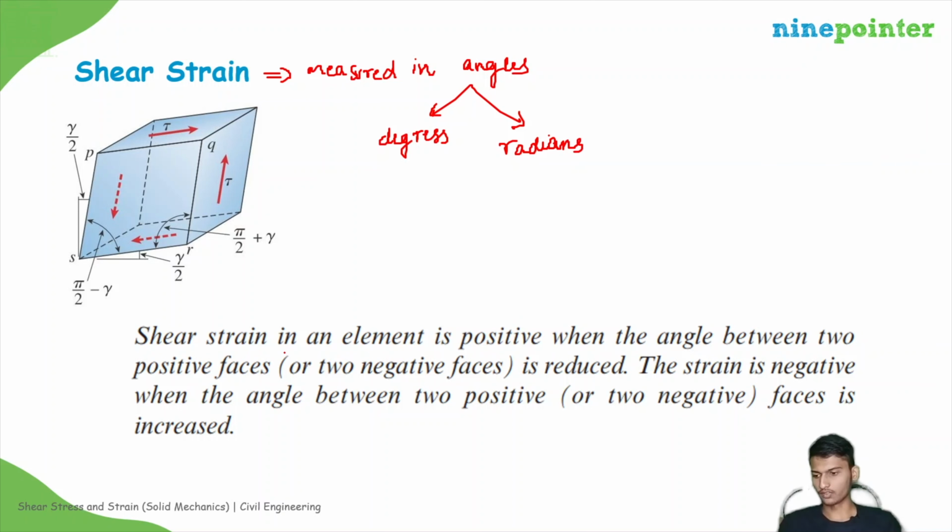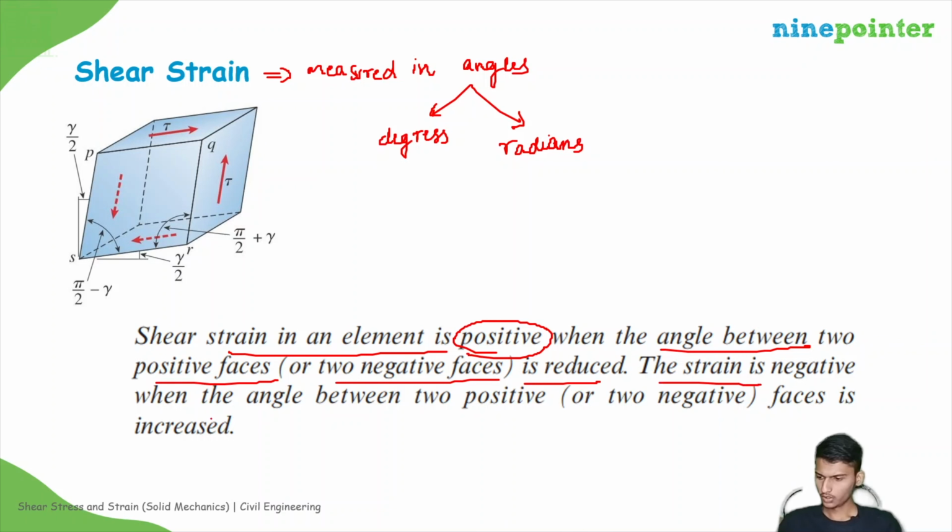You can take any sign convention, but we should follow strictly one sign convention. Shear strain in an element is positive when the angle between two negative faces is reduced. The strain is negative when the angle between two positive faces is increased, right?